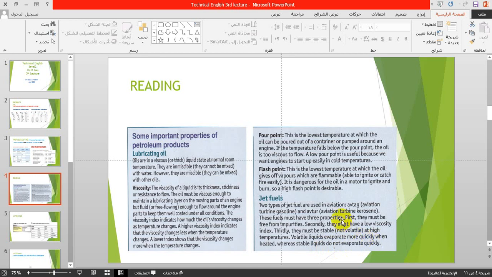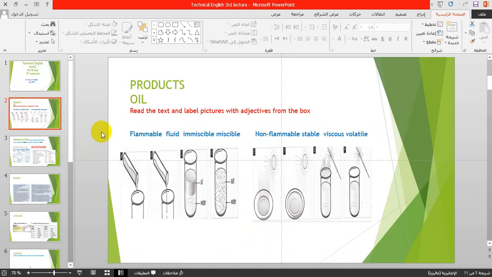Okay, these are some of the properties of petroleum products, and you need to read them again and again in order to understand. If you have any difficult word, try to check your dictionary or even ask me. Okay, let's go back to this exercise now. You have to fill these, to label, okay?